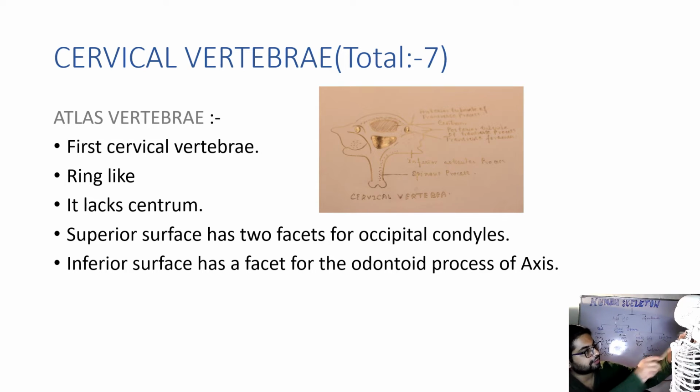So the second cervical vertebra is known as the axis. The axis is joined with the atlas by a facet present on the inferior surface of the atlas, because the odontoid process of the axis vertebra joins with the inferior facet of the atlas vertebra. Just to remember like this. This is not so important as of now.